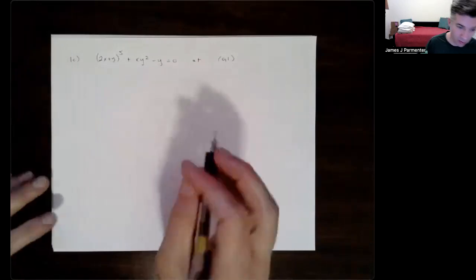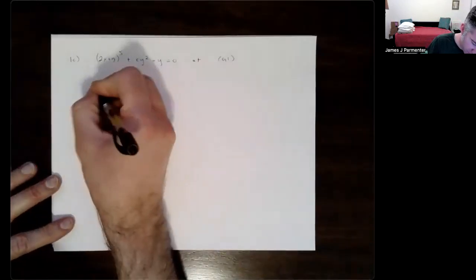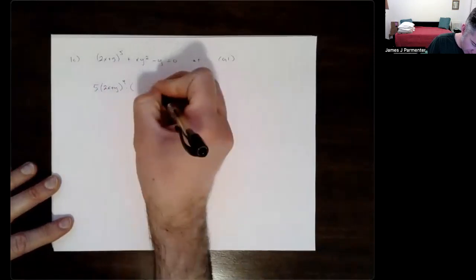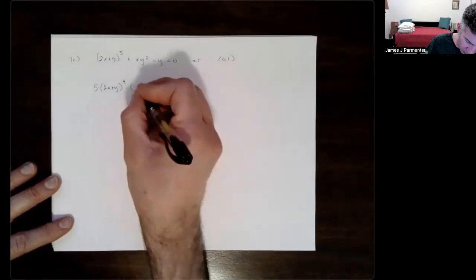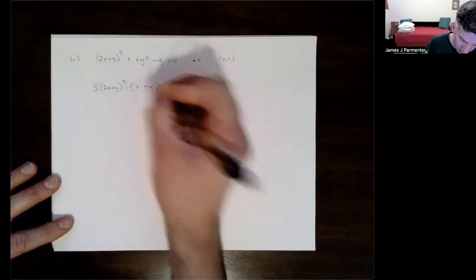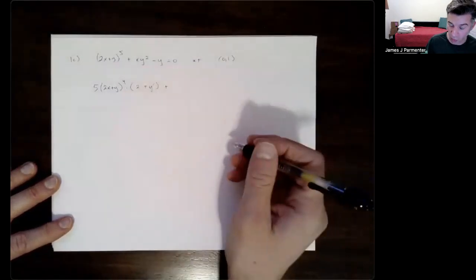So differentiating some stuff to the 5th, we get 5 times our stuff to the 4th times the derivative of our stuff. The derivative of 2x is 2. The derivative of y is y prime. Plus xy squared, we're going to have to use the product rule for.